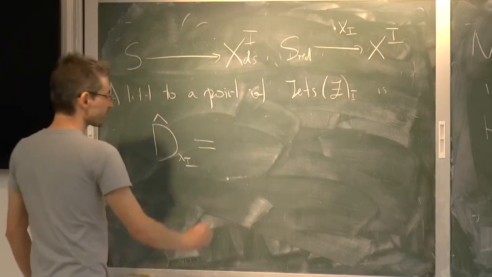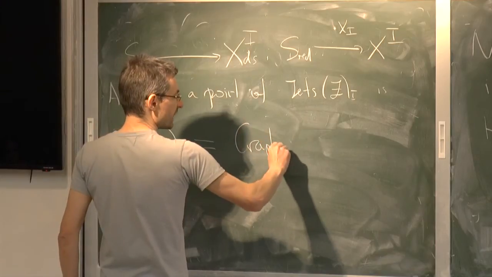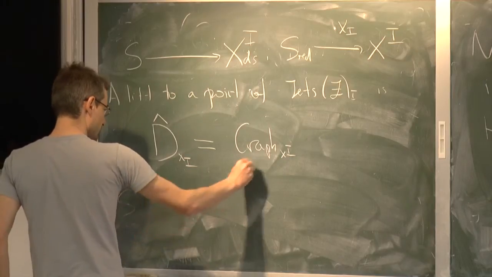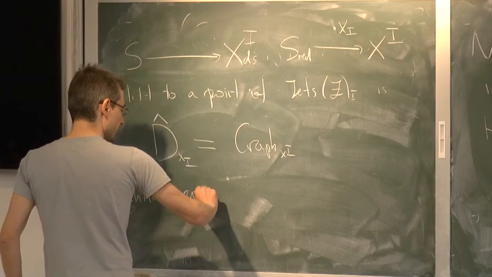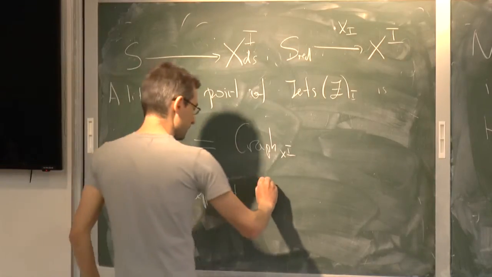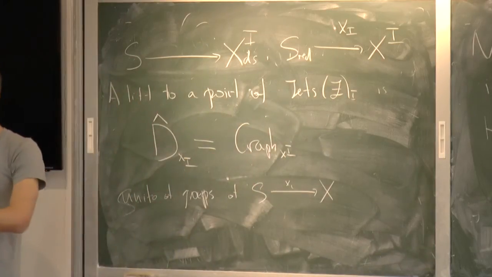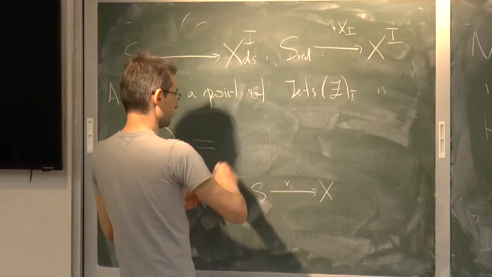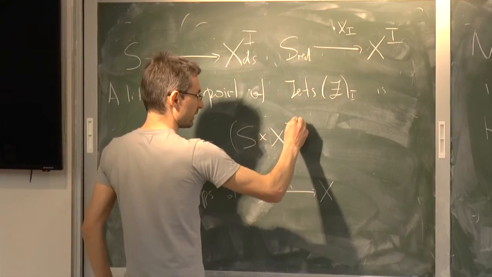You take the graph of x_I. So the graph of x_I is a union of graphs of, so x_I is I points of X. Take the union, set-theoretically, and complete.